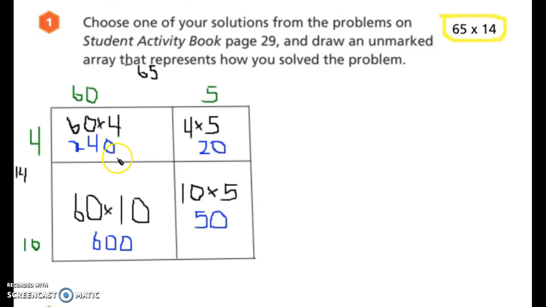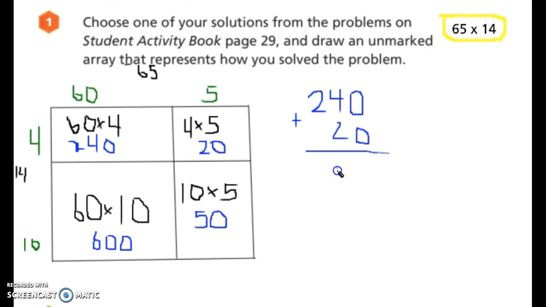And now that we have our answers, we need to know what our answers are called, our products. We need to add all of our products together. So let's go over to our white space and start setting up addition problems that are easy for us to solve. 240 plus 20 is quick, and most of this might be able to be done in your head, but again, I like to see your thinking.